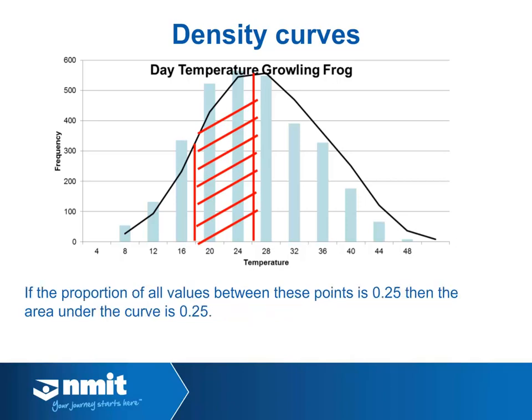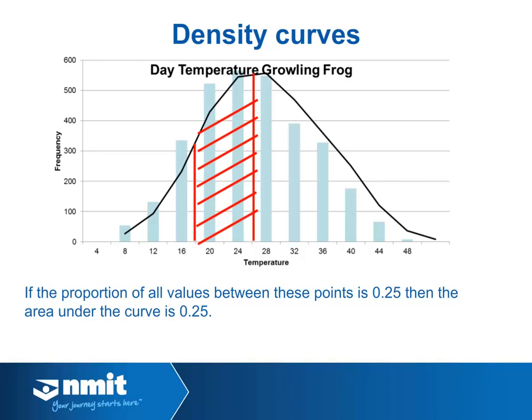Let's say that the area between these two lines is 0.25. Remember, the entire area is 1. So in other words, a quarter of the entire area under this curve is found between these 2 points.